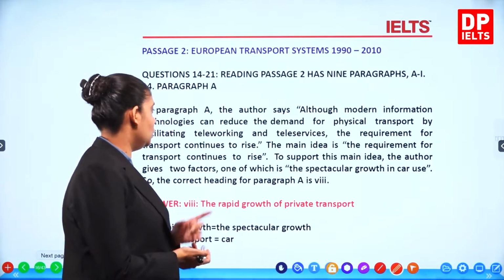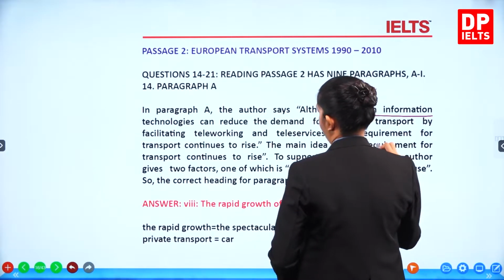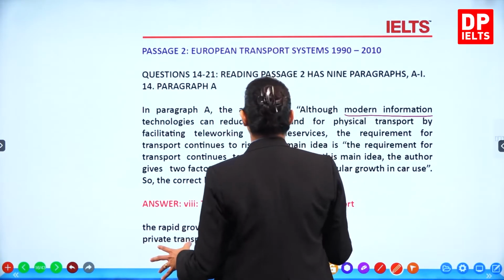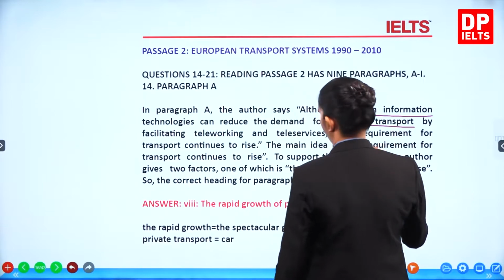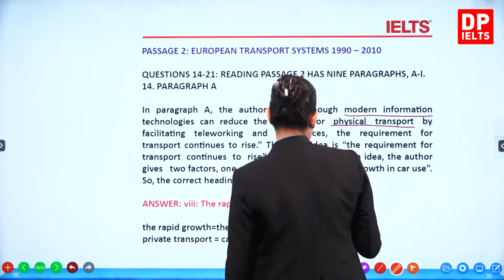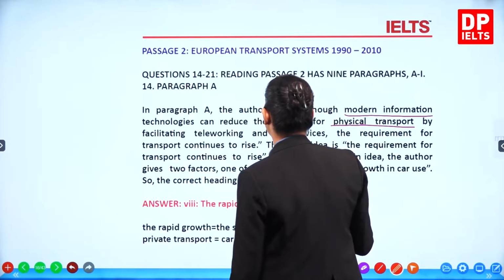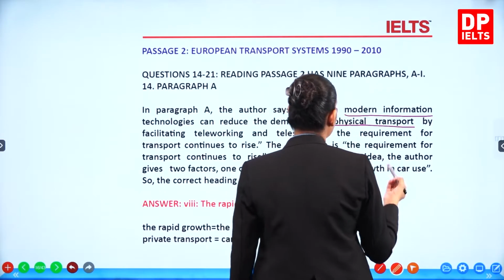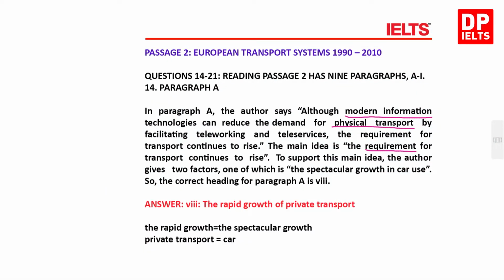Paragraph A. The author says, although modern information technologies can reduce the demand for physical transport by facilitating teleworking and teleservices, the requirement for transport continues to rise. The main idea is the requirement for transport continues to rise, right? So you can see that that is their main idea.